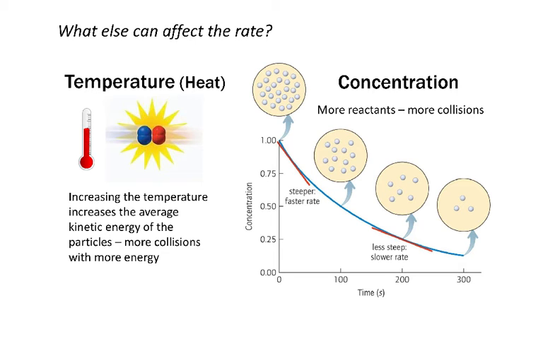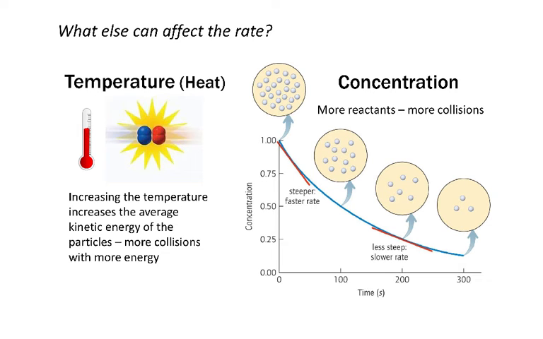And we go back to the model of N2 and O2 colliding. These are gas molecules. So if we increase the temperature, remember that temperature is the average kinetic energy of the particles. Then when they collide, they will have more energy. Also, kinetic energy is the energy of motion.